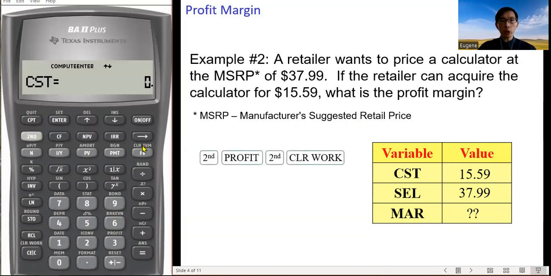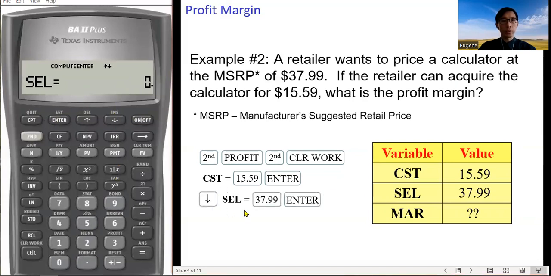Activate the profit margin worksheet and then key in the value for the CST, which is 15.59. Press the enter key. And then the next variable, SEL, 37.99. Press enter.